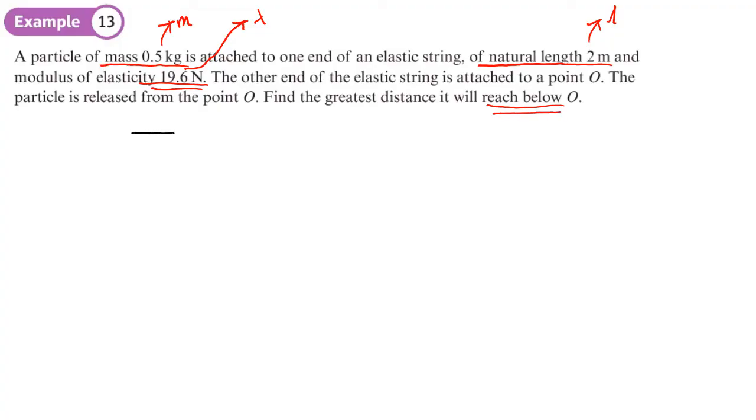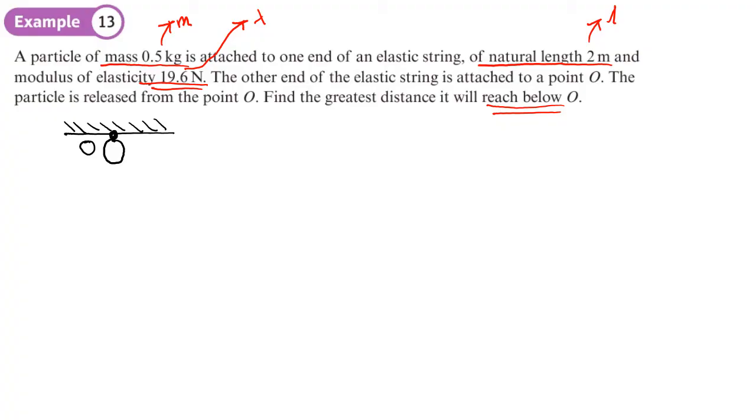Right, so let's draw a diagram. Okay, so here's the point O here. We've got this elastic string that's all bunched up here. So maybe I'll draw it a bit further up. But yeah, all your string is all bunched up there at the top.